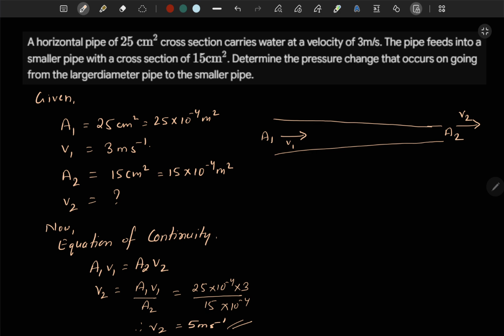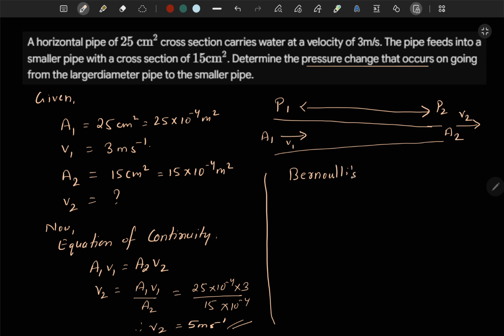And now the question is pressure change. So if the pressure here is P1 and here is P2, we need to calculate this difference. So here we will apply Bernoulli's equation.